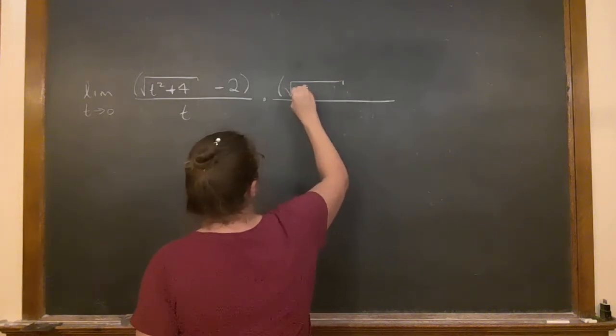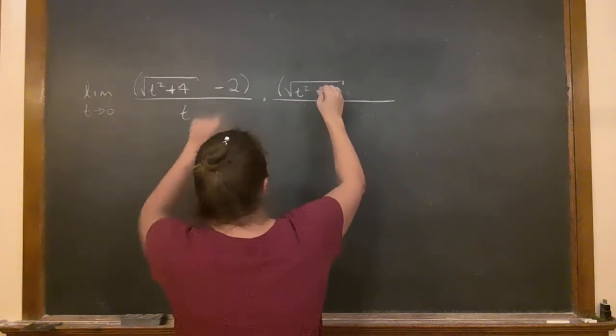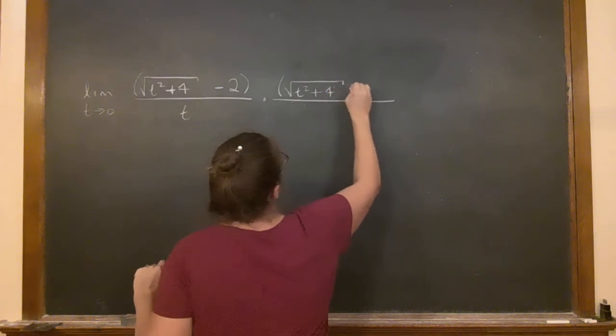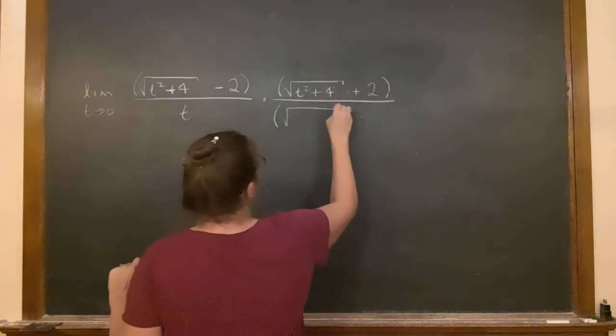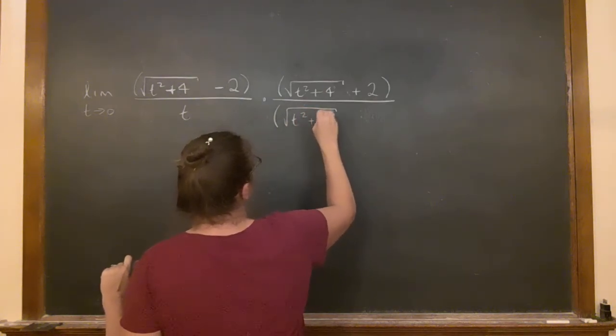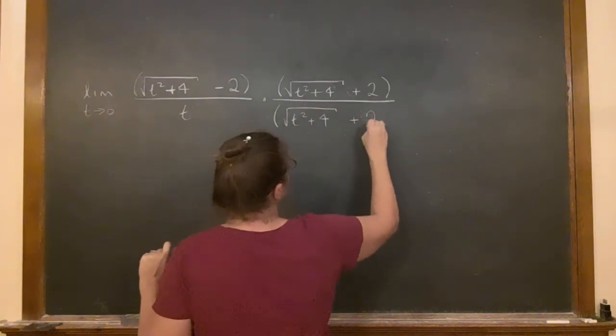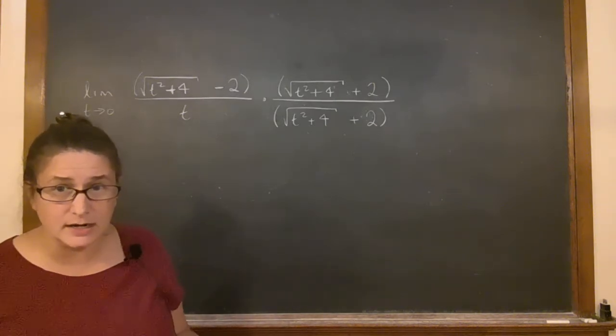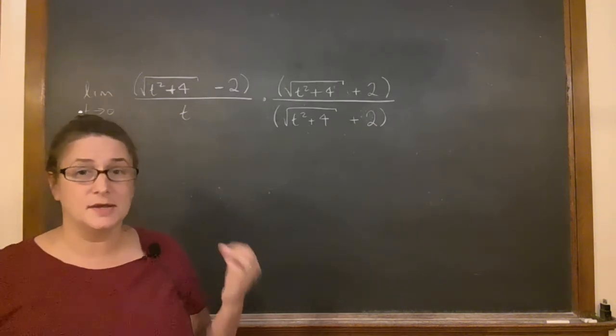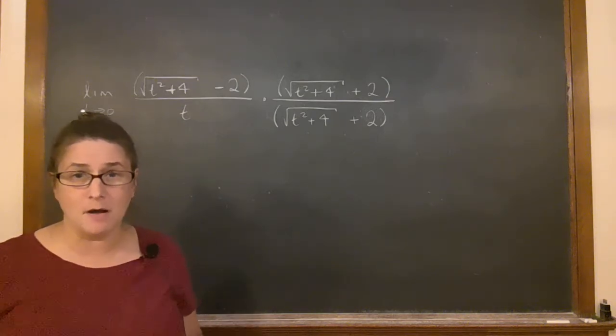Is that the right thing? This whole thing, but with a plus. Okay, so this is our trick for this kind of problem. And we will see quite a few of these in our lives here in Calculus 1. So this is a good trick to have in your back pocket.